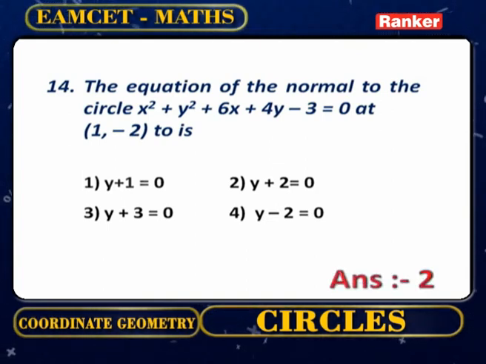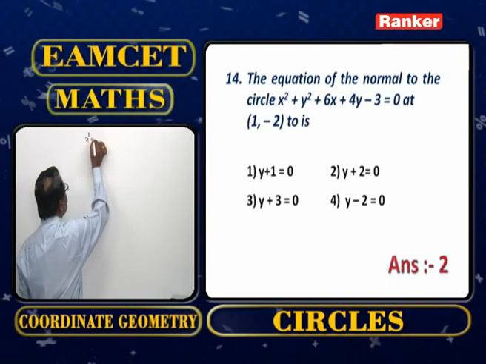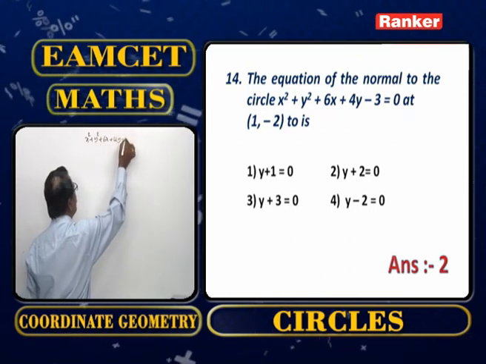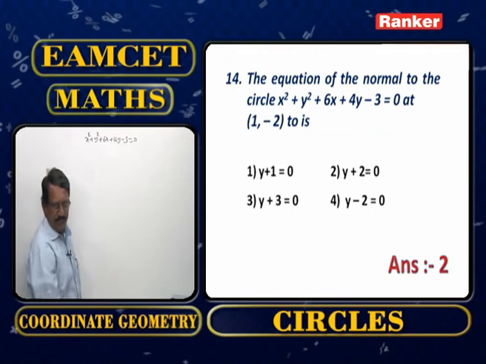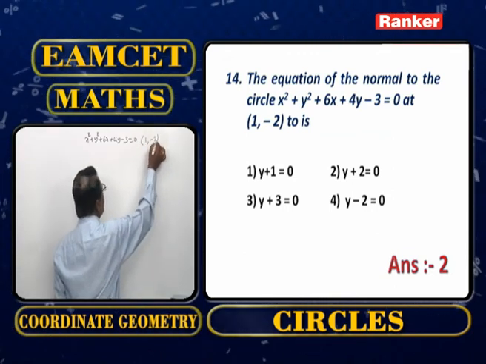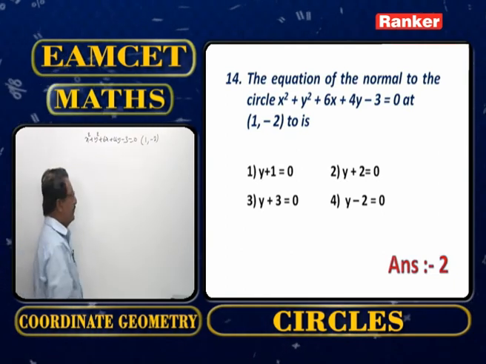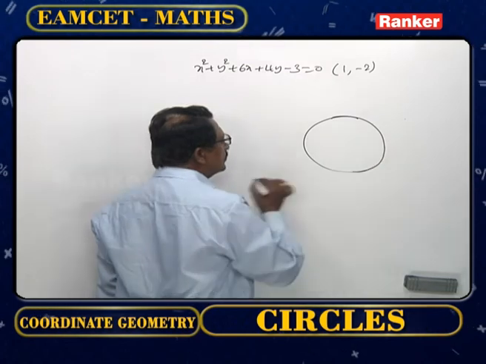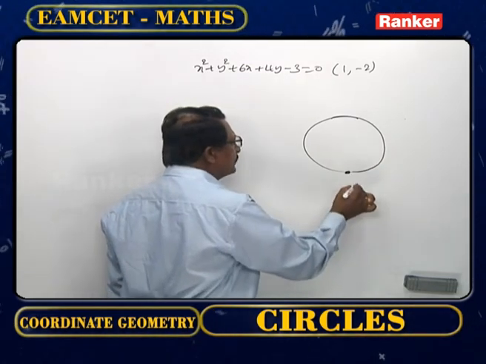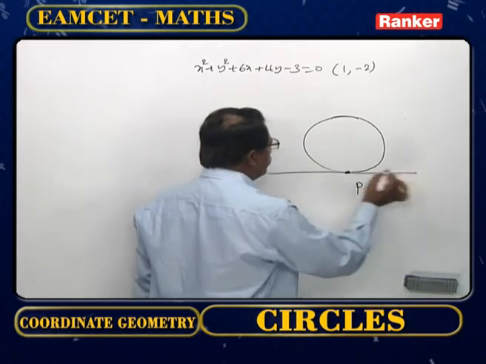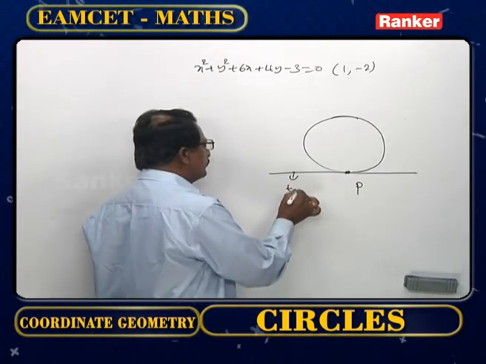The equation of the normal to the circle x square plus y square plus 6x plus 4y minus 3 equals 0 at (1, -2). If P is a point on the circle, the tangent is tangent to the circle.